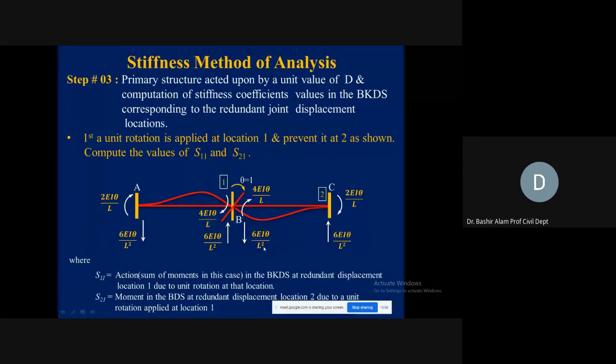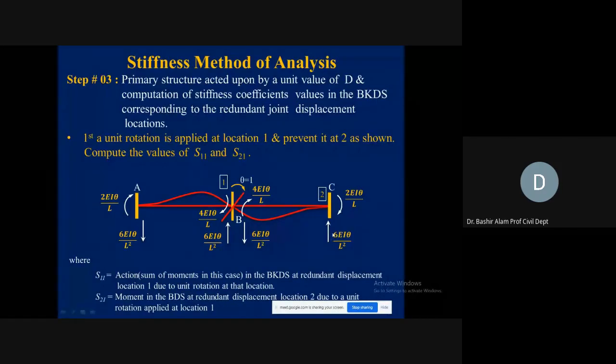Similarly, it is the situation for the right side span. 4EI theta, and at the far end it becomes 2EI theta. The balancing couple for the right span, again, was clockwise, so the balancing couple will be counterclockwise. Its magnitude will be equal to 6EI theta divided by L square.